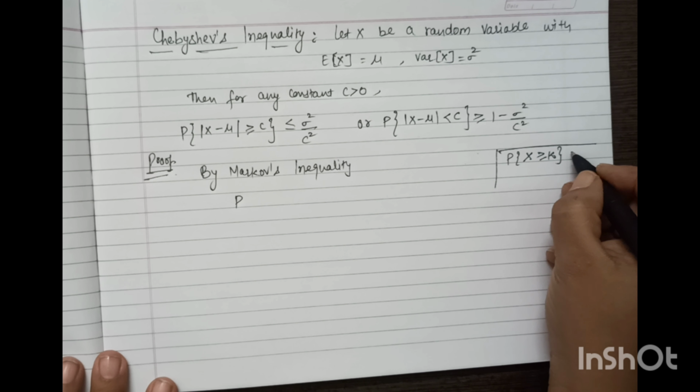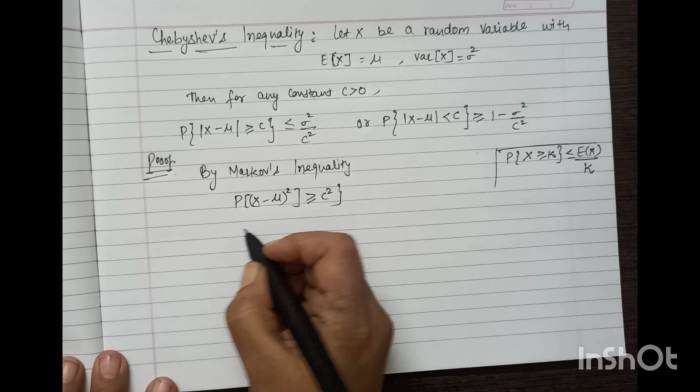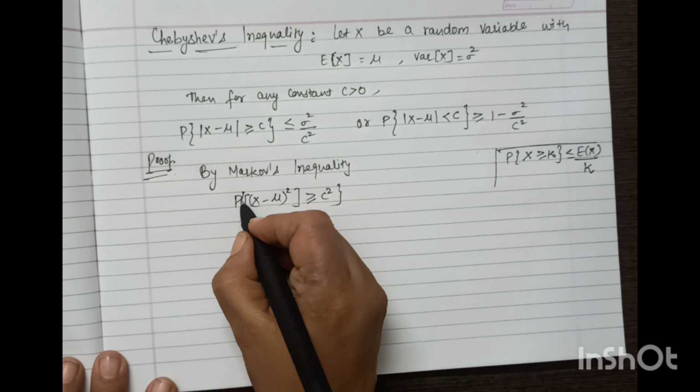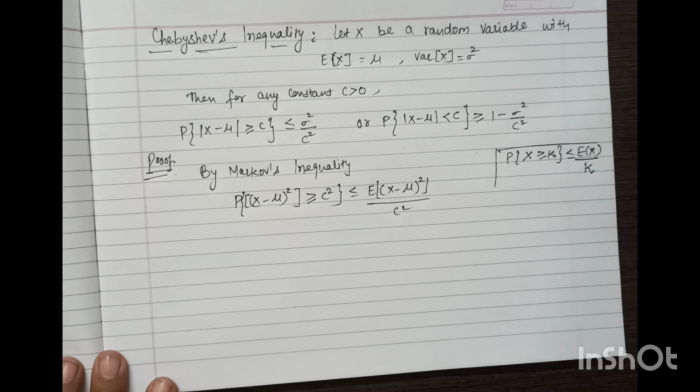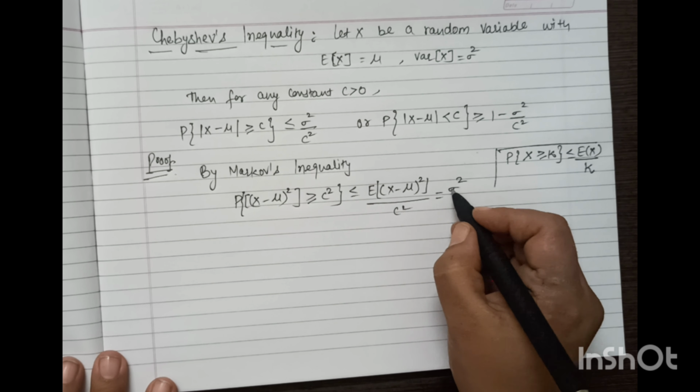So using that, instead of x, I'm having x minus mu square, and instead of k I'm having c square. So this will be replaceable with less than equal to expectation of x minus mu square divided by the same constant c square, right? And this is nothing but sigma square, the variance.